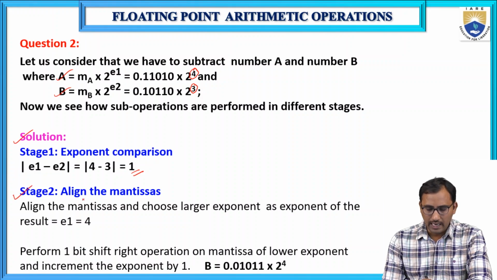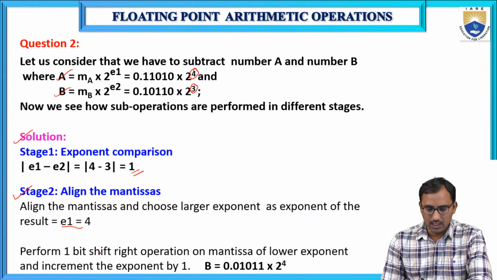And in stage 2, align the mantissa. Align the mantissa and choose the larger exponent as the exponent of the result. Here E1 is equal to 4, because the exponent of the result will be equal to the exponent of the larger one.